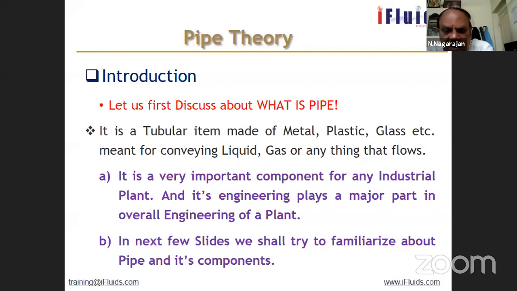It will break. So most of the piping in the plant is made of metals, different types of metals: carbon steel, stainless steel, monel, etc., depending upon the service conditions and the nature of the fluid, whether it is corrosive or non-corrosive. So metallic piping is mostly preferred.